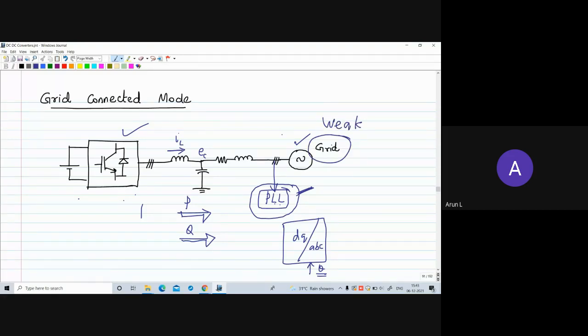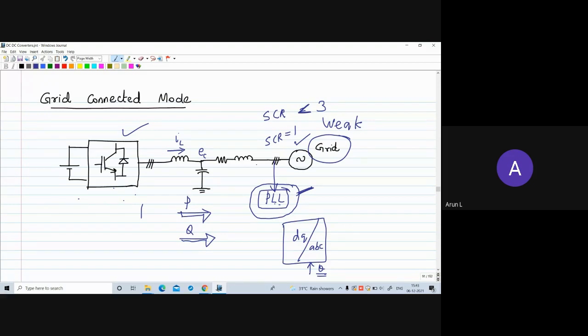Weak grid means the short circuit ratio of the grid is very small, close to less than 3. Maybe SCR equal to 1 means a very weak grid. So in a weak grid, you don't have stable voltages and currents at that point of common coupling. And in such a scenario, the interaction between the PLL and this inner current control loop in the VSI may make the system unstable. So that is another research problem.